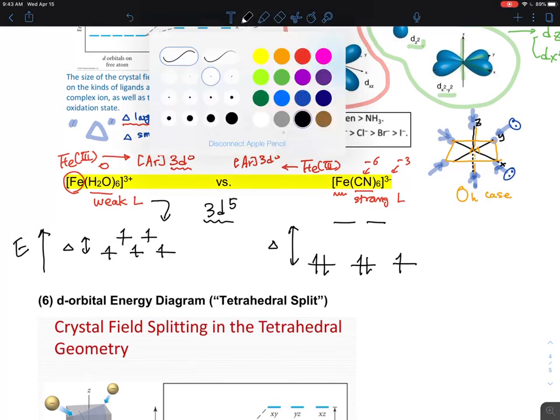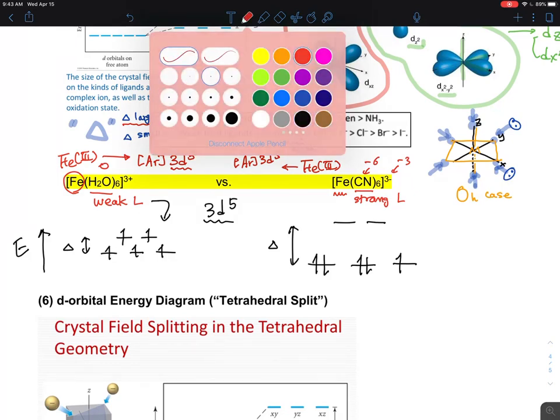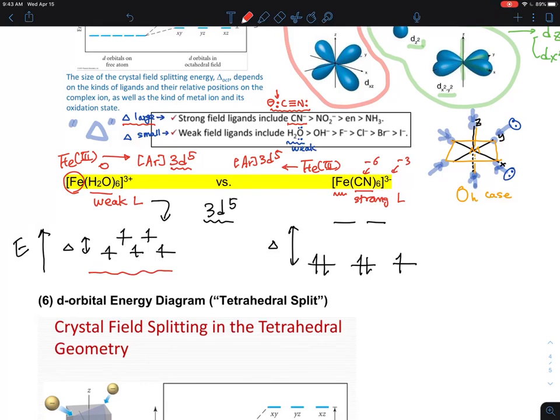So as a net result, what you see here is this compound, which is the Fe hexaaqua 3+ complex, and this one has a larger electron spin state, and what that means is this is a stronger paramagnetic.